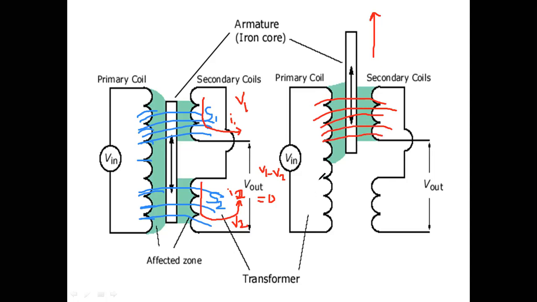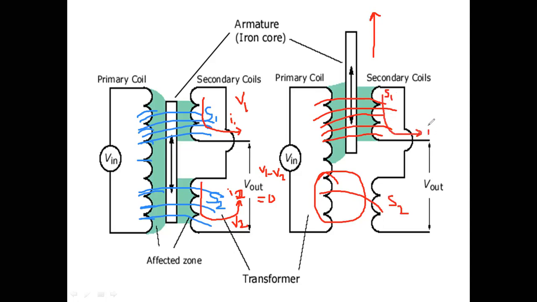Even though there is flux present here, the medium is insulator, air core. So very little, or a negligible amount of flux, cuts this secondary winding, secondary 2. So more current will be there in secondary 1.